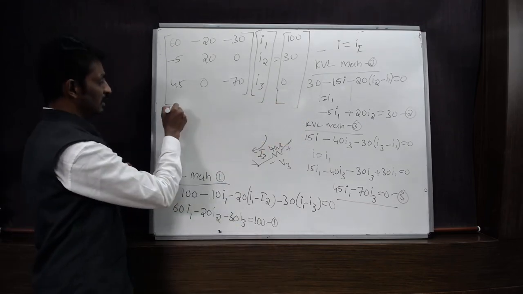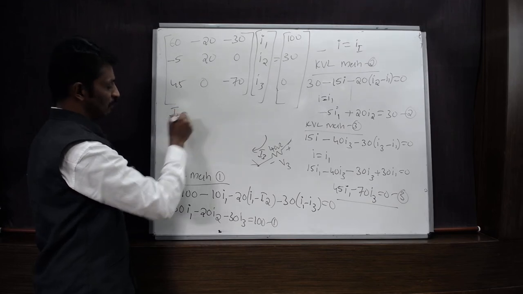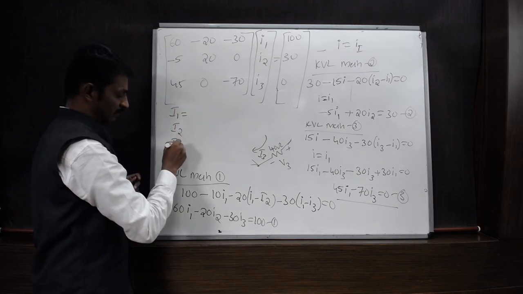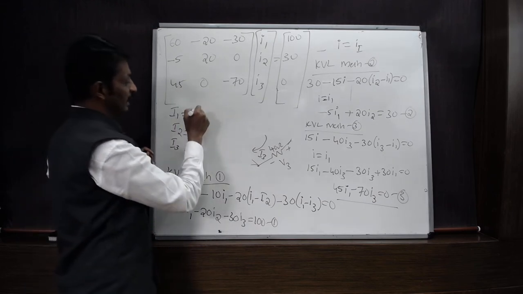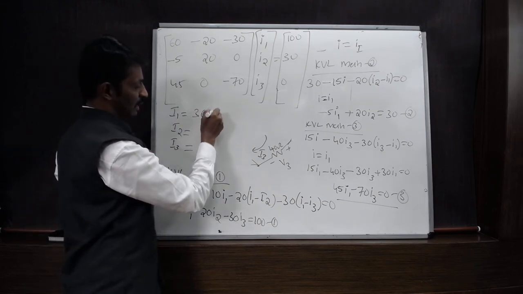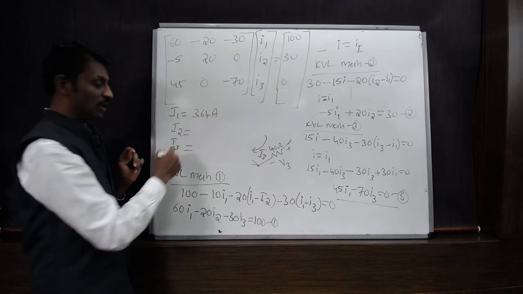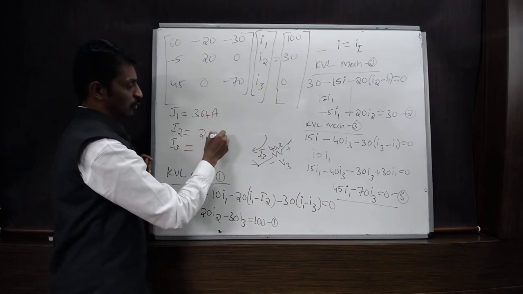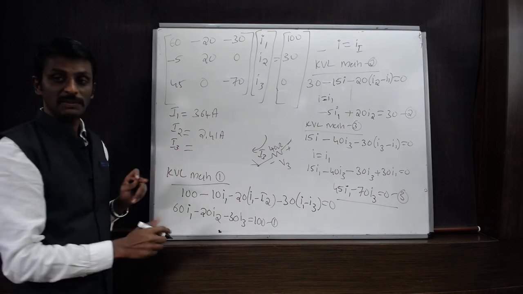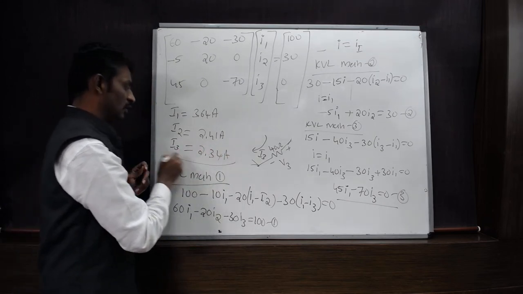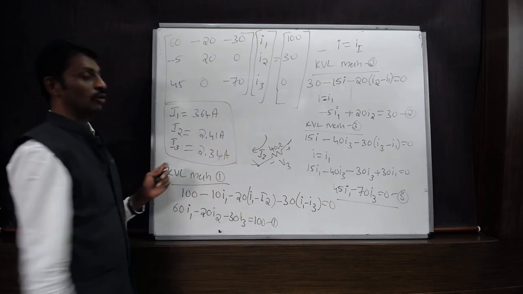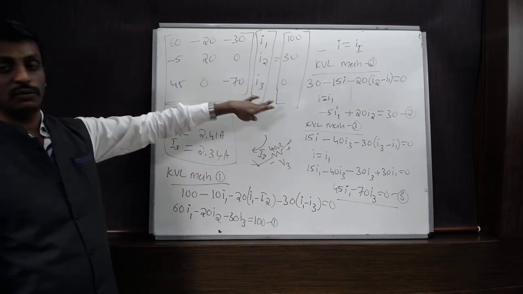We get I1 as 3.64 amps, I2 as 2.41 amps, and I3 as 2.34 amps. These are the three mesh currents found by applying mesh analysis.